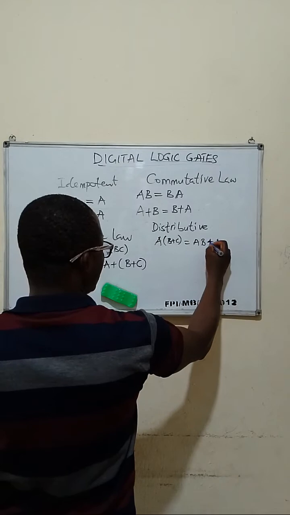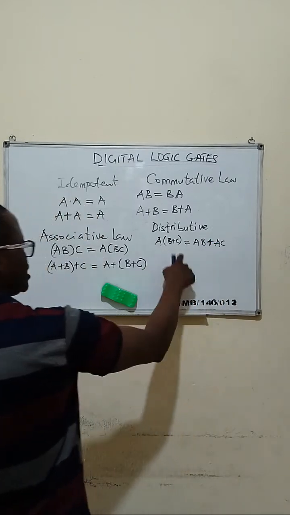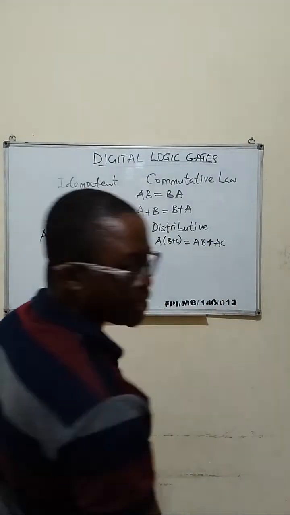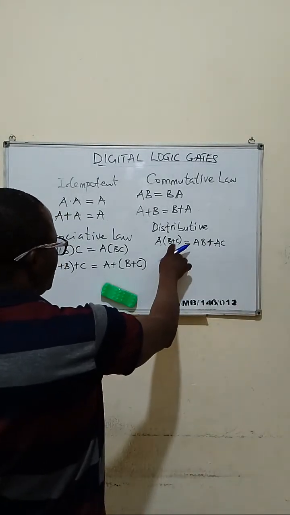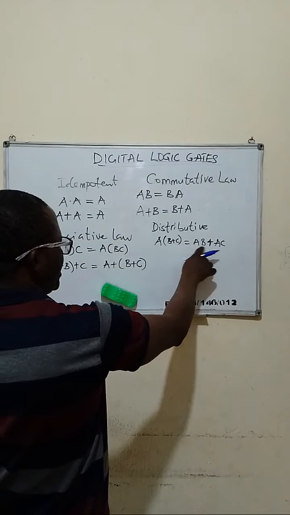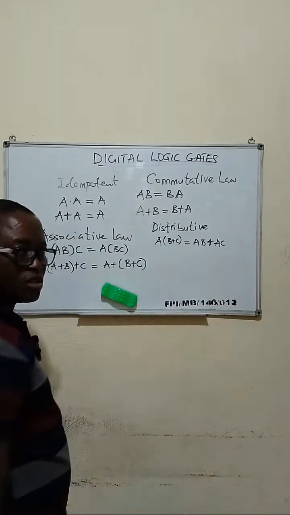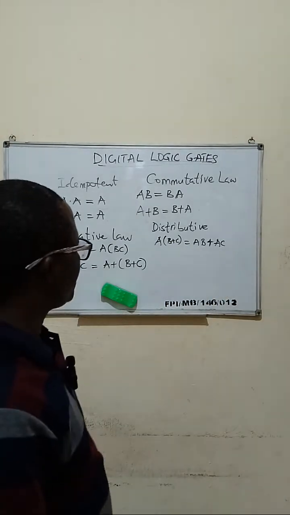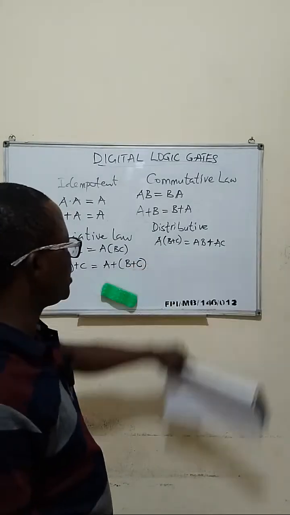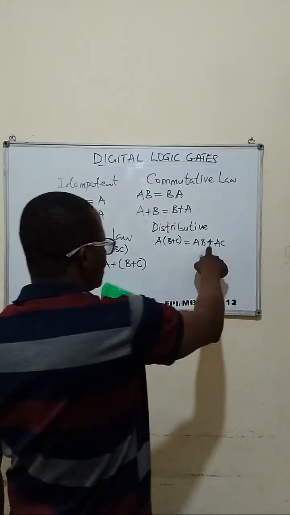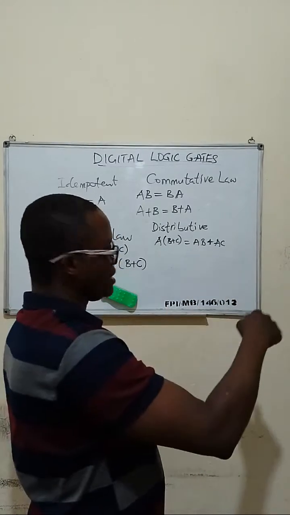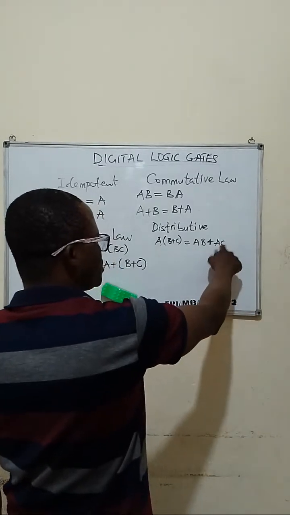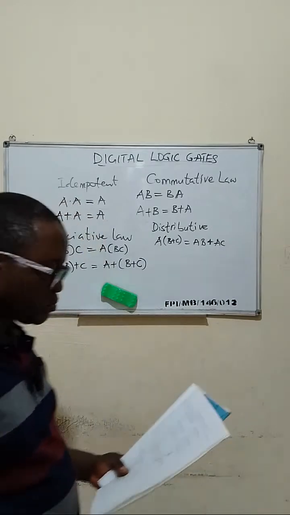Now, in our normal algebra, when you have a situation like this, you say, expand the bracket, open the bracket. A multiplied by B plus A multiplied by C. AB plus AC. So in logic minimization too, we can use this the same way. Mark you, this plus is logic OR. AB has logic AND in between them. AC also has logic AND in between them.